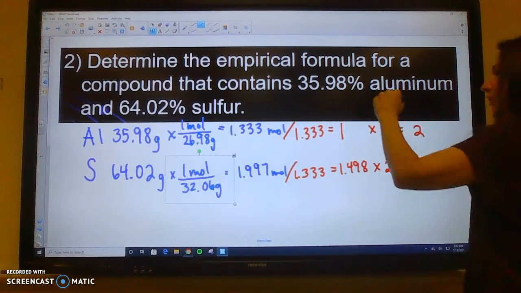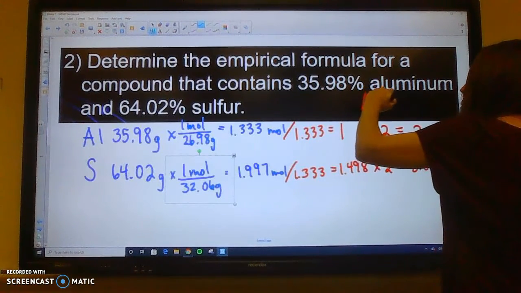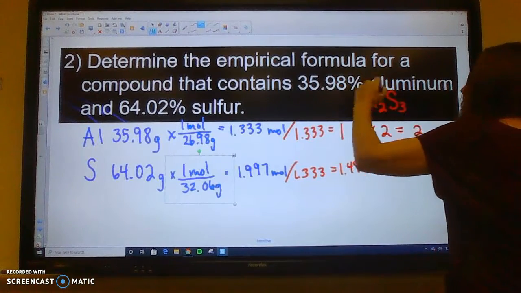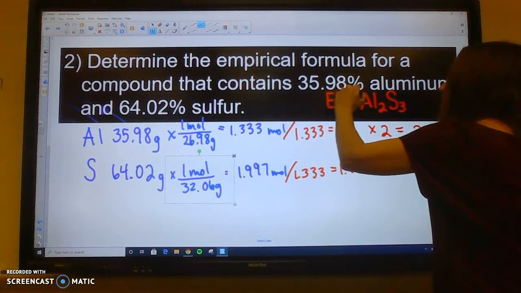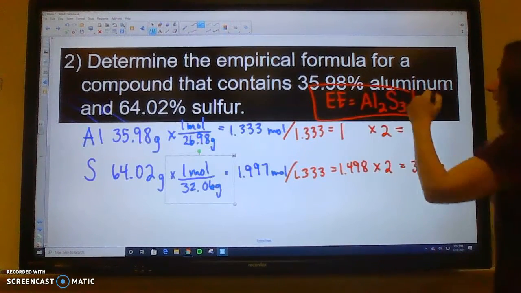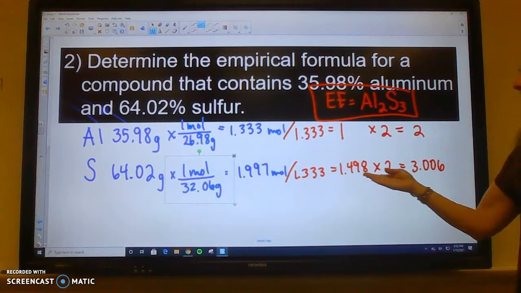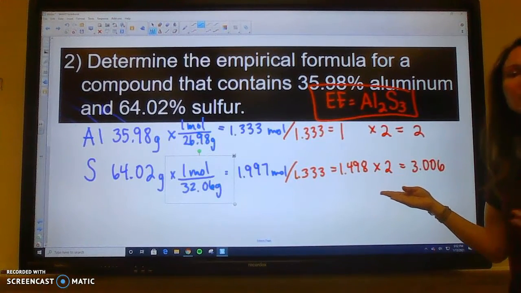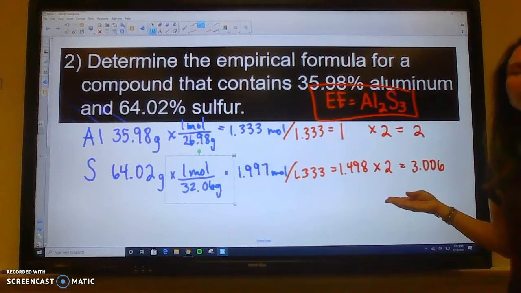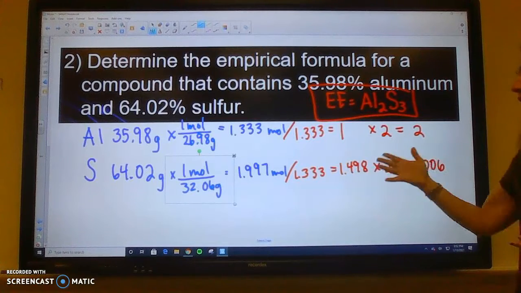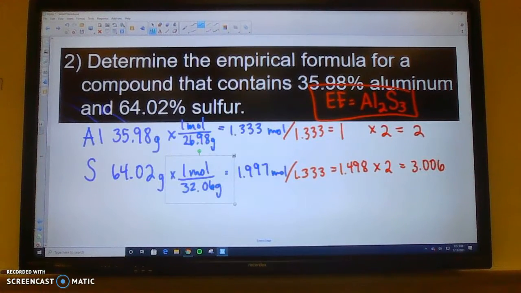And our subscripts for aluminum is a 2, sulfur is a 3. That's our empirical formula, okay? And again, we may sometimes have to multiply the subscript times 3 or even 4 to get a whole number. It just worked out in this case where we only had to multiply times 2. And that's it.